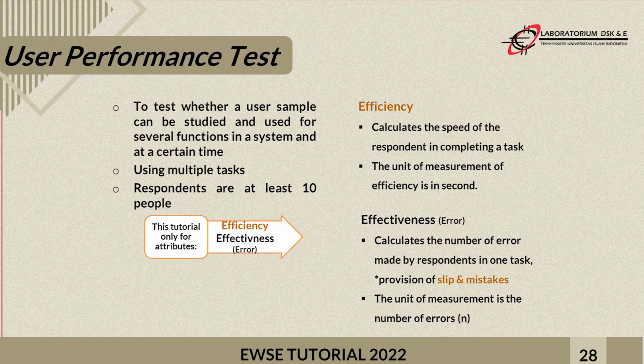It can be slips or mistakes. The unit of measurement is the number of errors. Slips mean unintentional errors, for example, pressing the wrong icon because they are close together, etc. And mistakes mean input errors because they are not aware or do not know that if done, there will be an error.